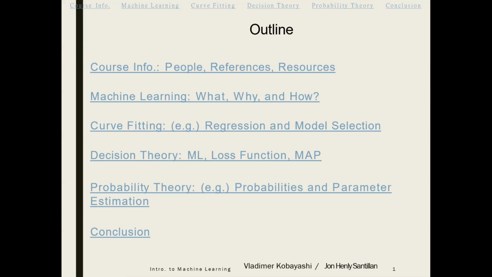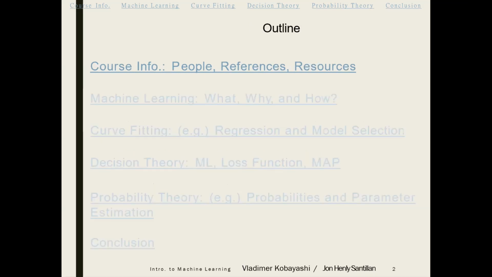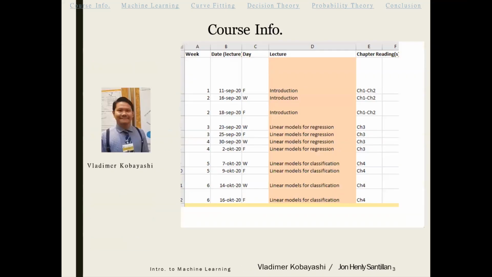Then we'll have a short discussion on machine learning and some motivating examples, regression, model selection, and of course decision theory, loss function, maximum likelihood, and maximum a posteriori. And probability theory, of course probability and parameter estimation.